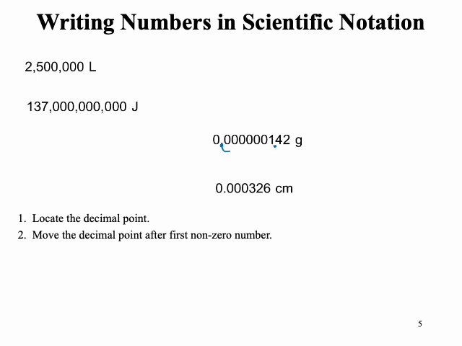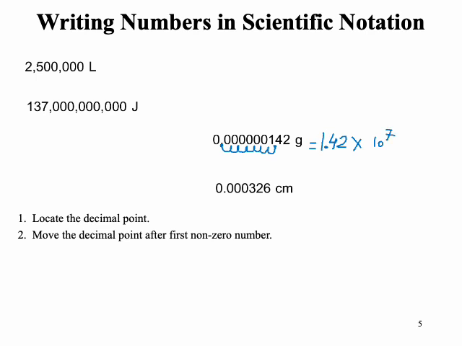So now let's move it. 1, 2, 3, 4, 5, 6, 7. So I need to move my decimal by 7 place values, and then I would get my decimal at the right spot, which means my new notation becomes 1.42, because I moved the decimal here, multiplied by 10, and this was moved by 7 places, so 7 becomes my exponent.